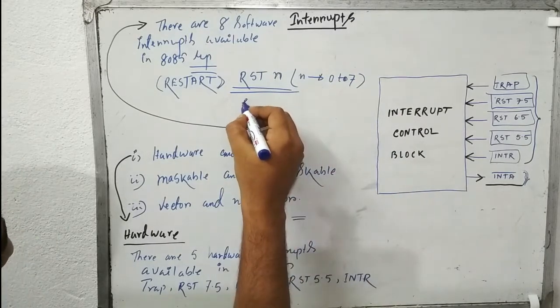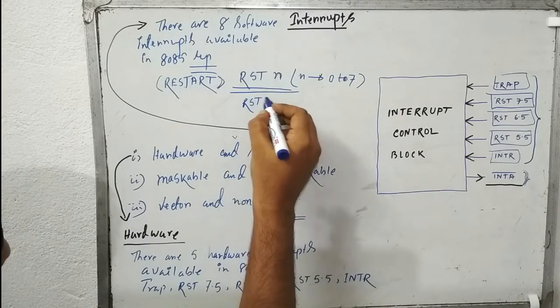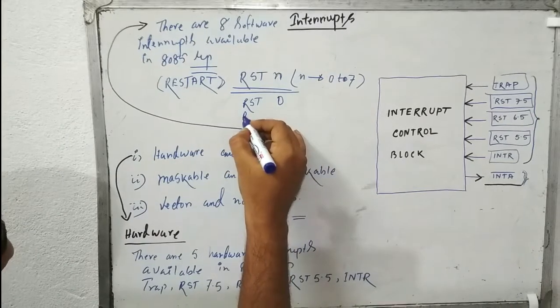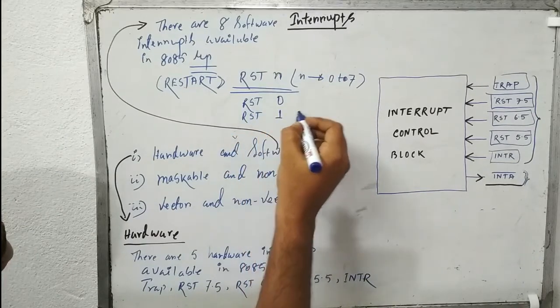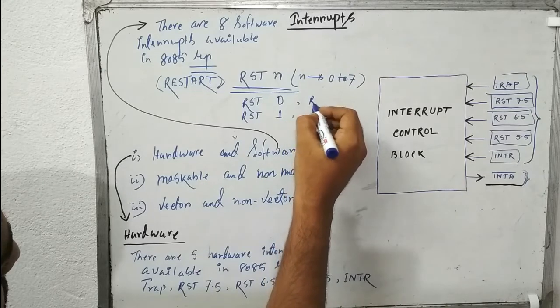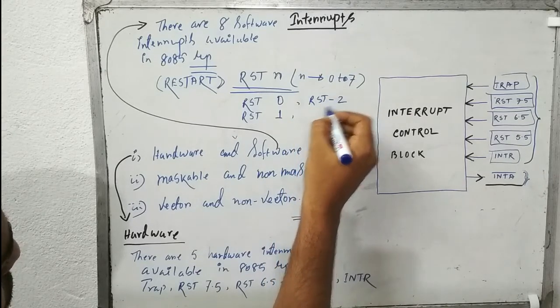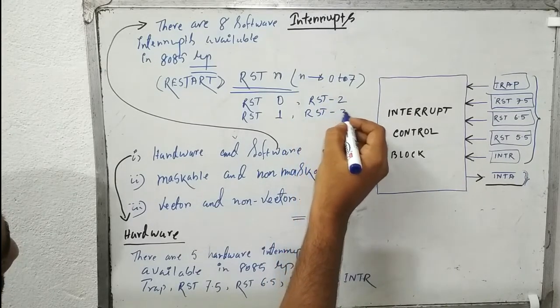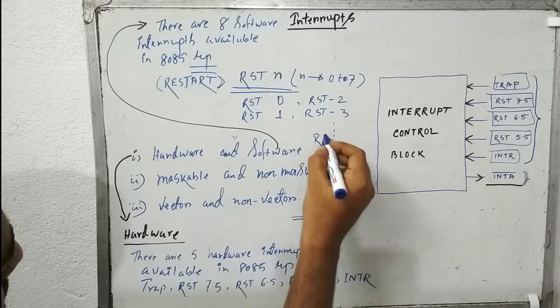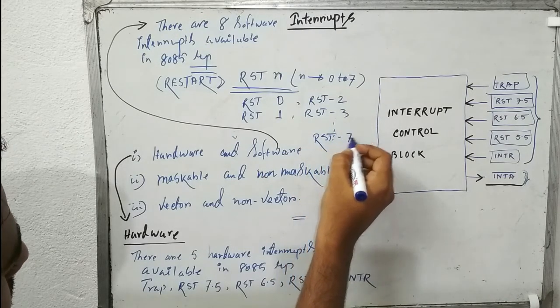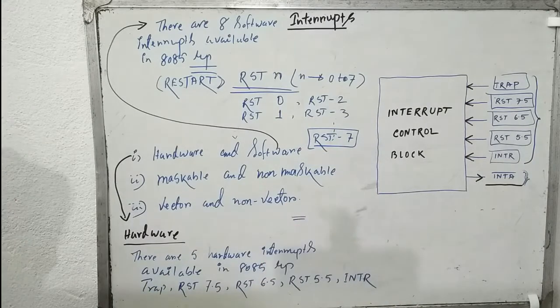That means the first software instruction is RST0, then RST1, in that way RST2, RST3, up to RST7. So those are our 8 software instructions.